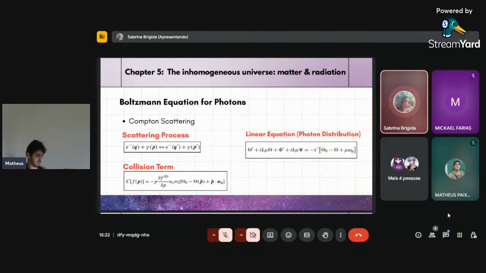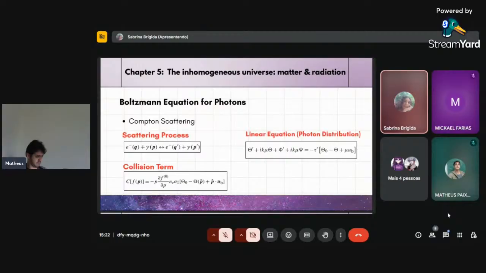And we can find an expression for the collision term that will depend on the fractional temperature perturbation that we see, the theta, in this case. So we can find this collision term in terms of this perturbation here, the theta, for example.